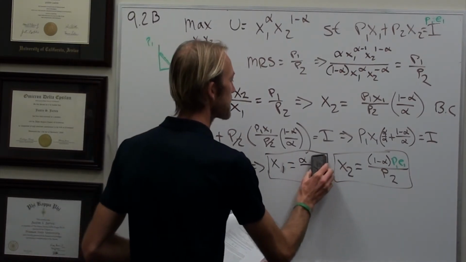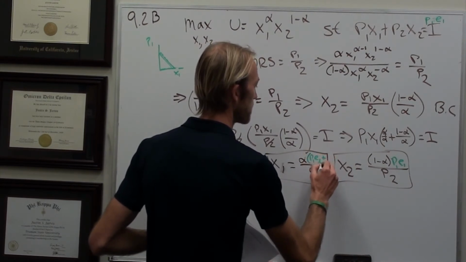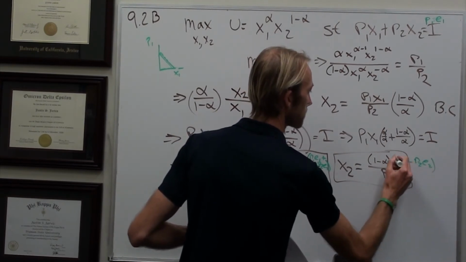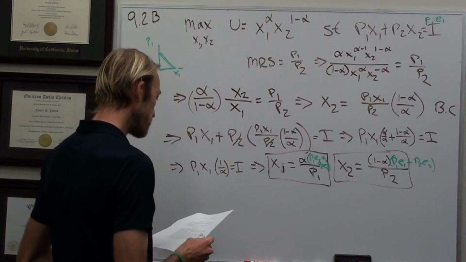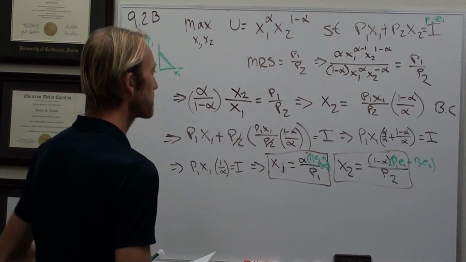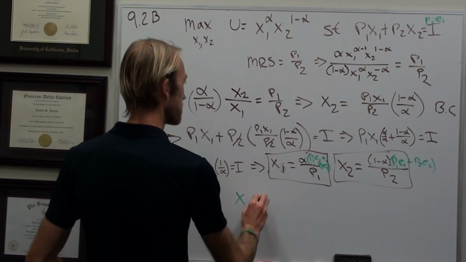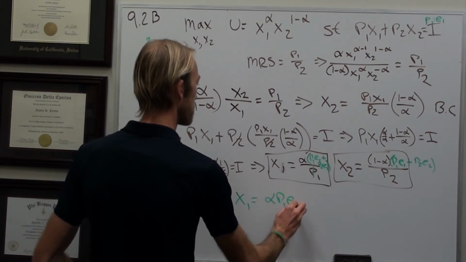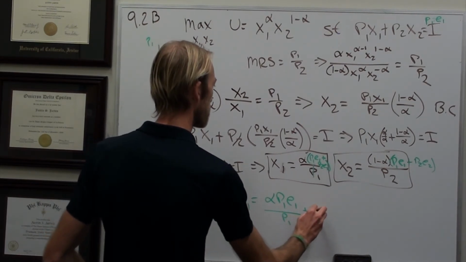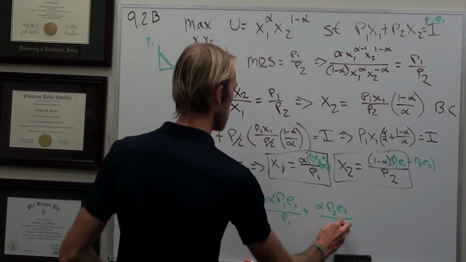Finally, part C asks us, what happens when there is an E2? So I can replace income with P1E1 plus P2E2. That's a little messy, sorry. So x1 is equal to alpha P1E1 over P1 plus alpha P2E2 over P1.